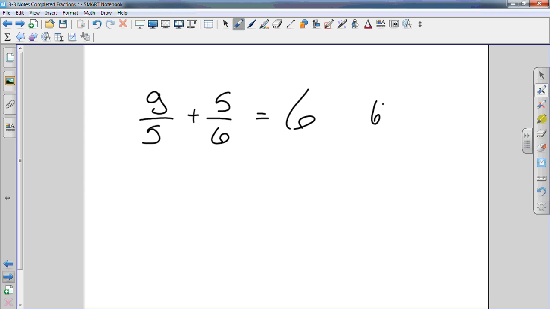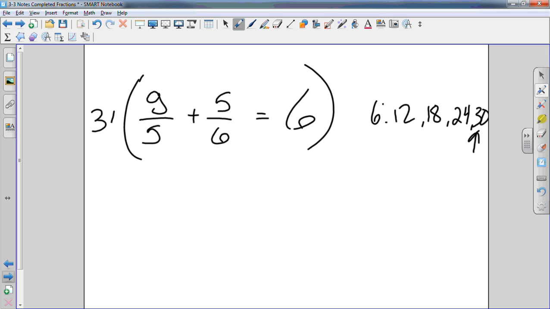If not, I'm going to put 6, 12, 18, 24, 30. Does 5 go into 6, 12, 18, 24, or 30? 30. That's the lowest one. 5 doesn't go into 24. Nope, 5 goes into 25. Okay? So I'm going to multiply the whole thing by 30.